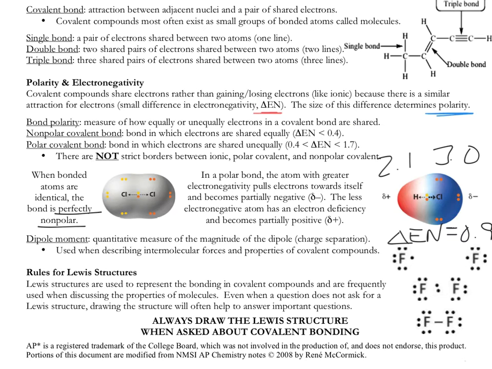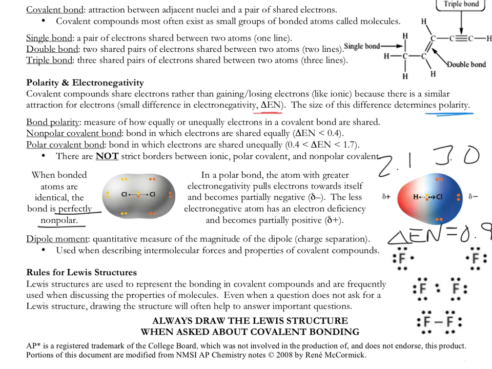So chlorine pulls the electrons really well, hydrogen pulls them less well, so the shared electrons, not these other valence electrons, just these shared ones right here, tend to spend more time closer to the chlorine nucleus than they do the hydrogen nucleus.